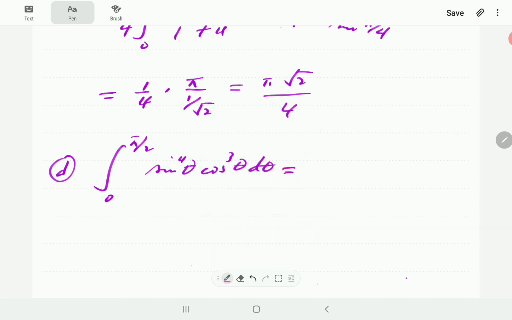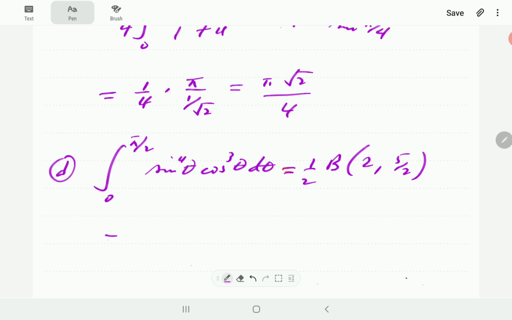So if we compare with the trigonometric definition, then if 2m minus 1 is 3, then m is going to be 4 over 2, which is 2. 2n minus 1 is 4, so n is going to be 4 plus 1 over 2, which is 5 halves.